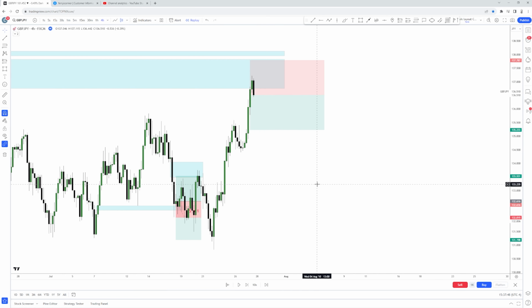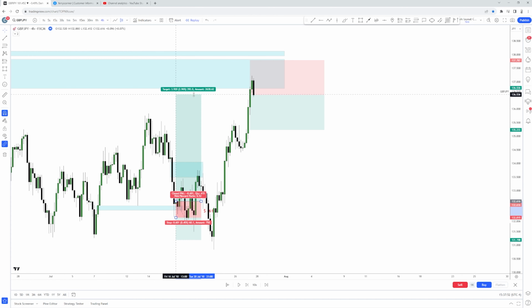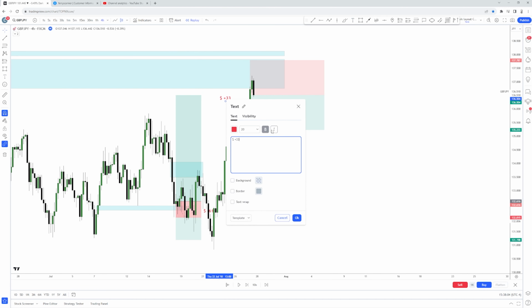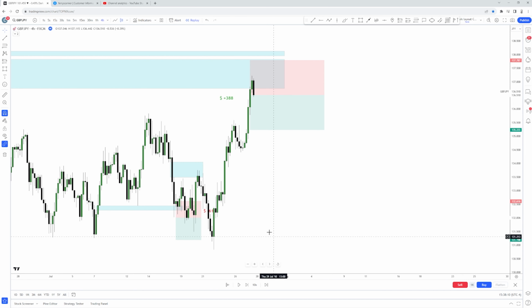What I'm gonna do in this occasion is close this buy over here, and this buy is gonna give me $388. You will see we will add everything in the end. This is green. So now this buy is gone, but we have this one, which is minus 61 minus this distance running.